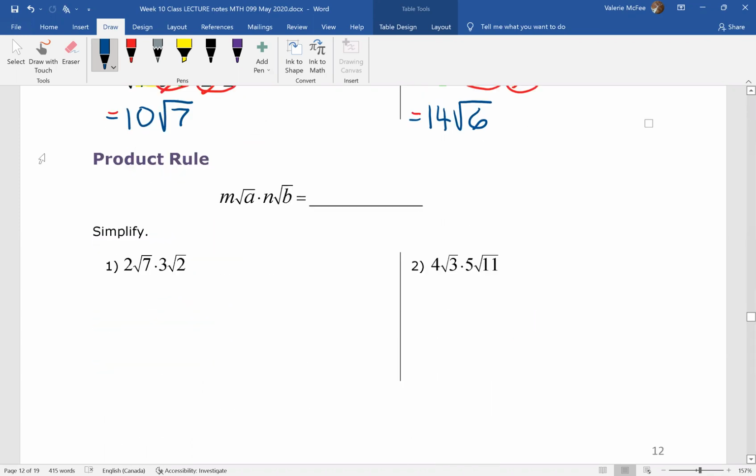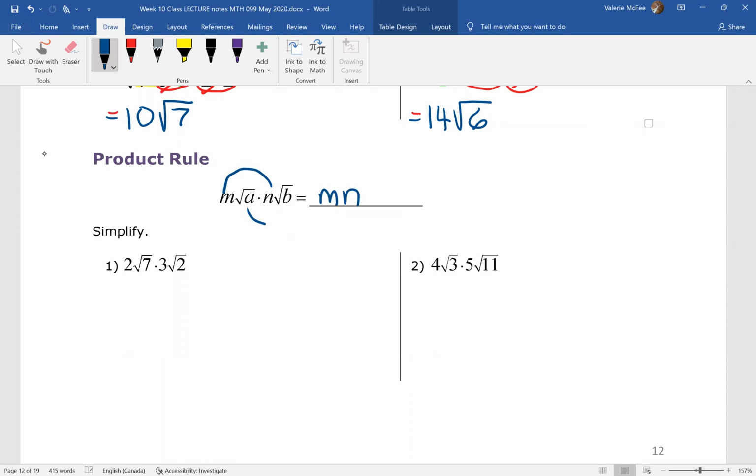We want to extend the product rule a little bit. We're going to talk about multiplying where we have integers and radicals. So m and n are real numbers, a and b are real numbers, but notice that we have numbers outside of the radical sign and numbers inside the radical sign. We can multiply the numbers outside together.